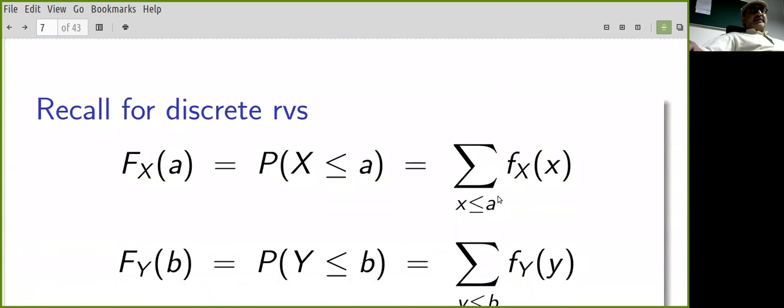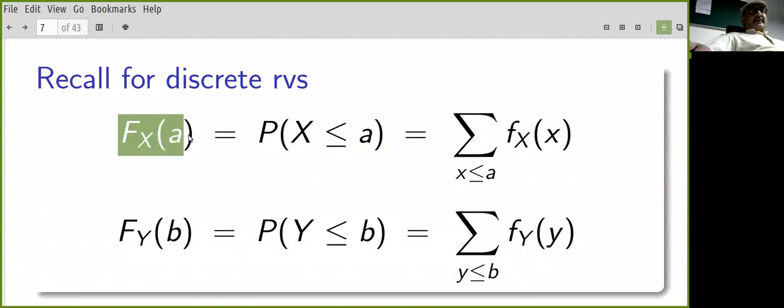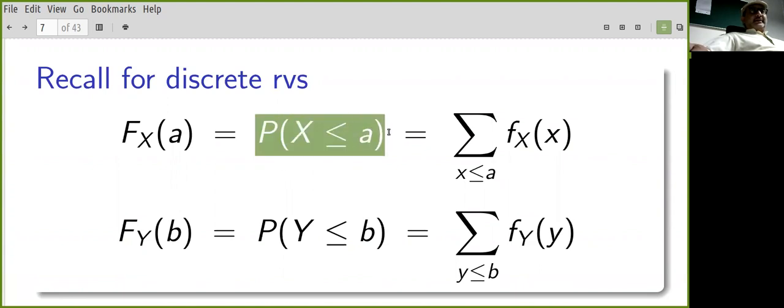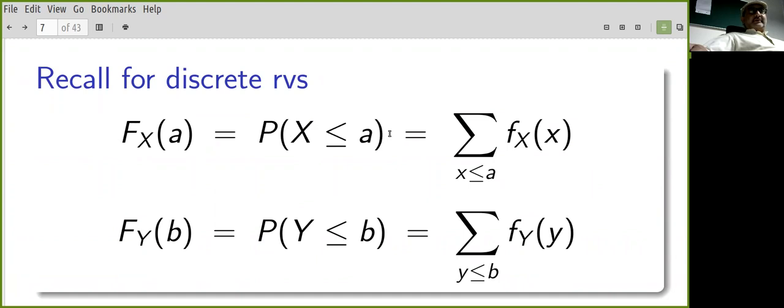Recall the meaning of capital F sub x of a. That's the probability that the random variable X takes a value less than or equal to a, and that can be calculated by the summation for all allowed values of x less than or equal to a, of the PMF evaluated at x.